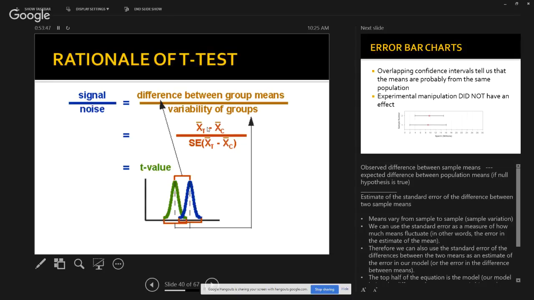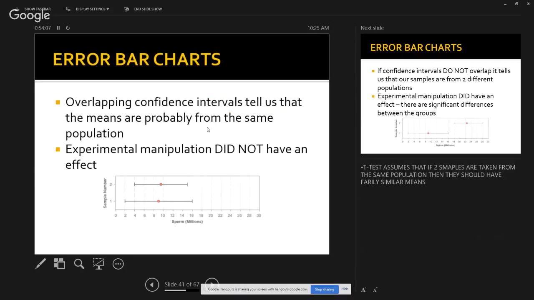And again, signal versus noise. If we had great big wide variability in one and not the other, they're not going to overlap. So you want your error to be small so that it is more likely that it did not happen by chance.